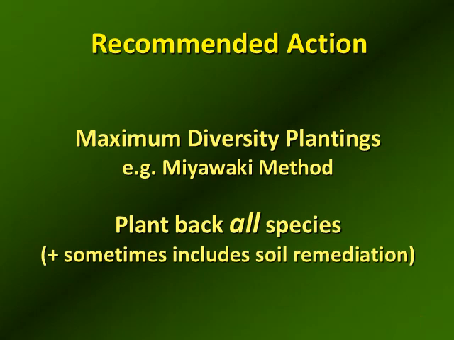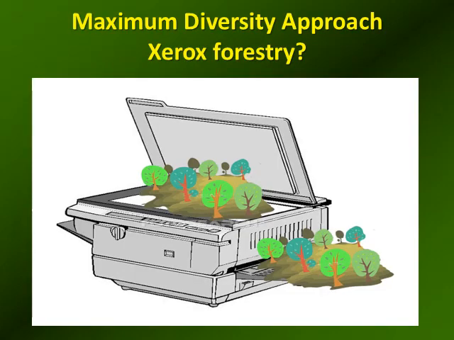These are what we call the maximum diversity methods, planting all the species and sometimes doing some manipulation of the soil as well, but more on that in stage 5. The most famous maximum diversity planting method is something called the Miyawaki Method, which was developed by Professor Akira Miyawaki, who's from Japan.